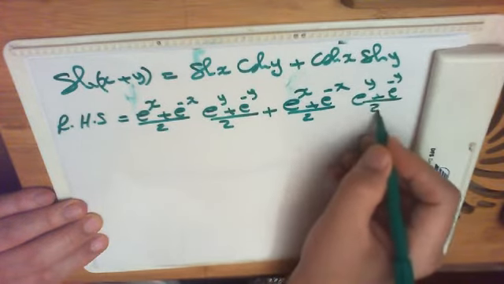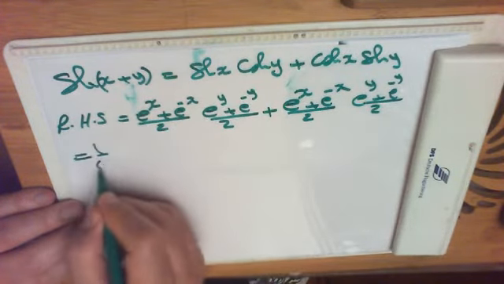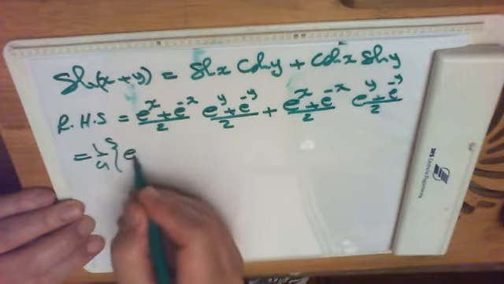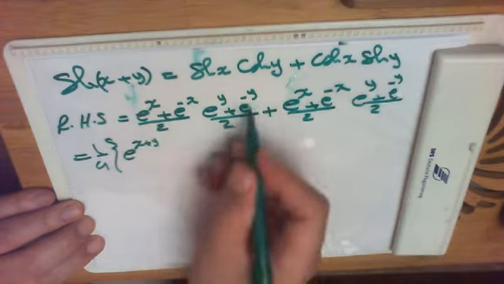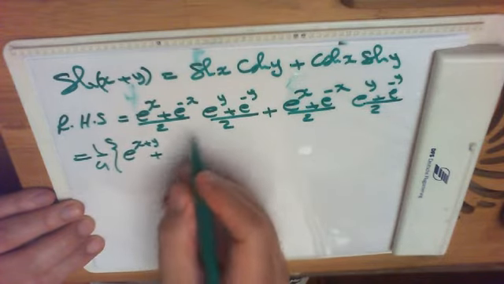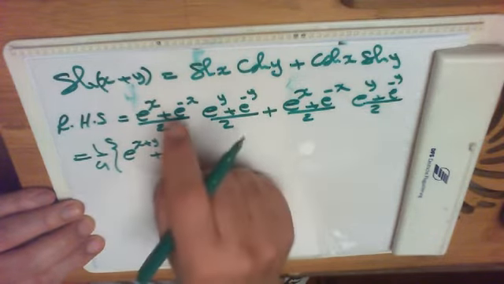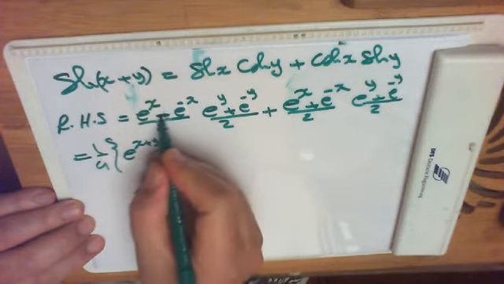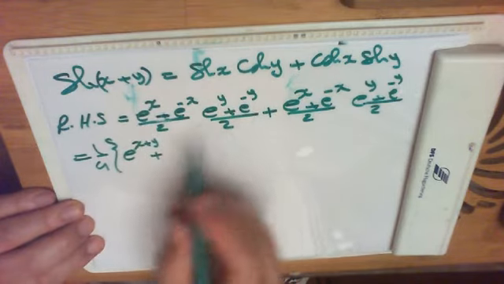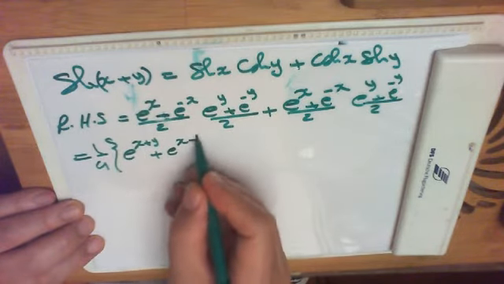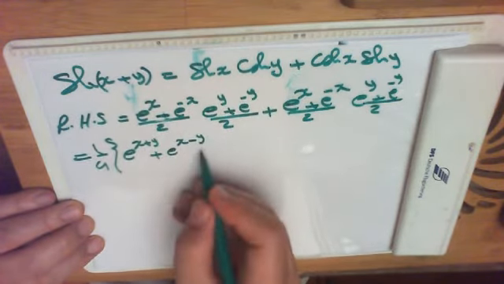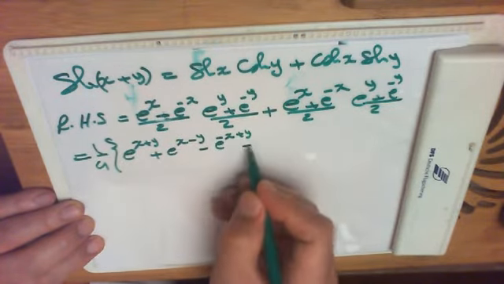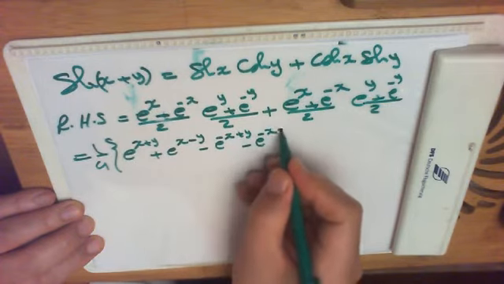We can take 1/4 as a common factor. Now, e to x times e to y is e to x plus y, e to x times e to minus y, e to x minus y, then minus e to minus x plus y, then minus e to minus x minus y.